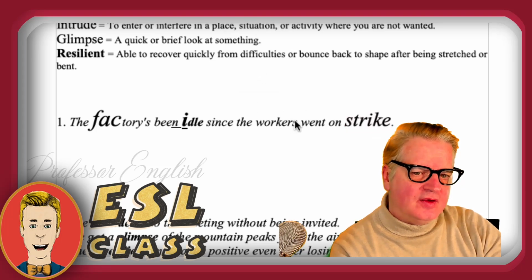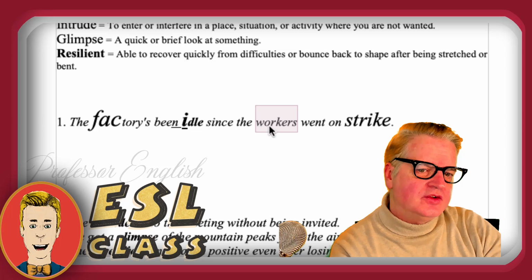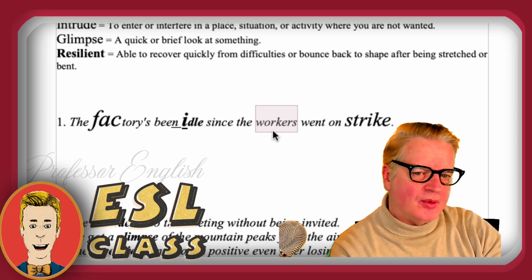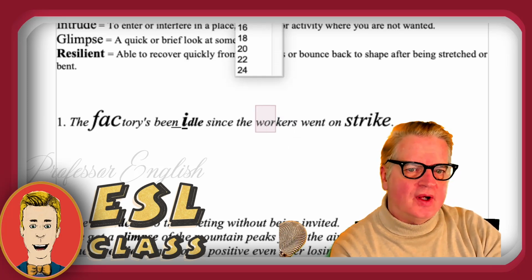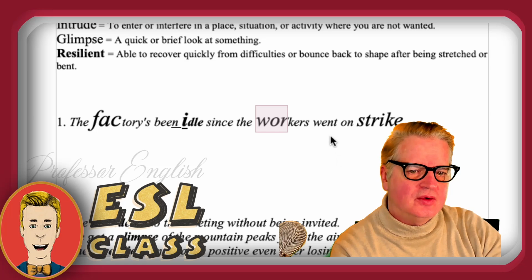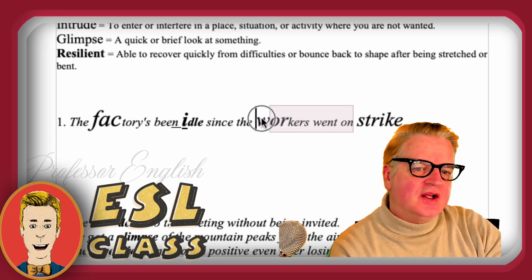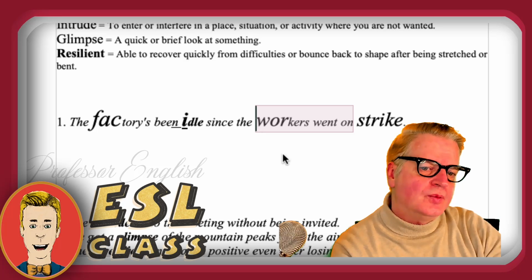And in the word workers, which syllable has all of the power? Workers. That's right. Workers. Can you say workers went on? Workers went on.